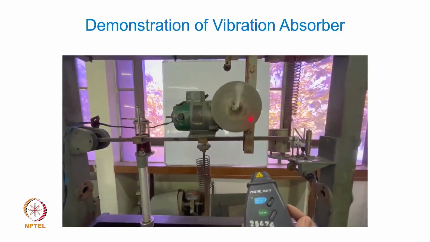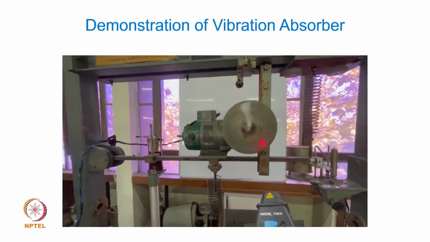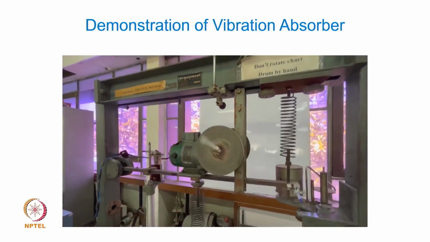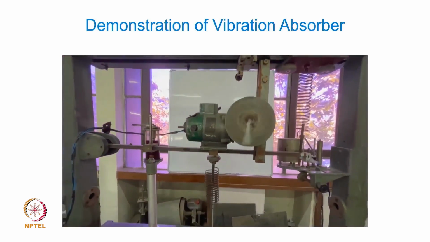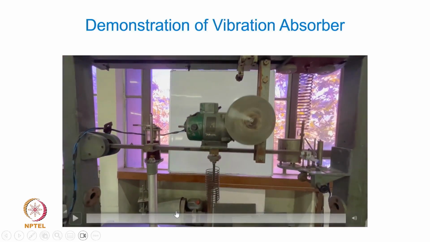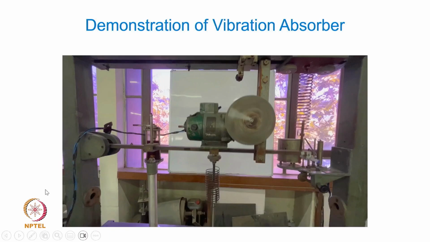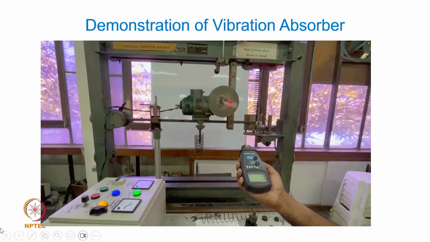And let's see what happens when an absorber gets attached to this parent system, whether the amplitudes really come down as we expect from theory. So let me see if yeah, here it is.